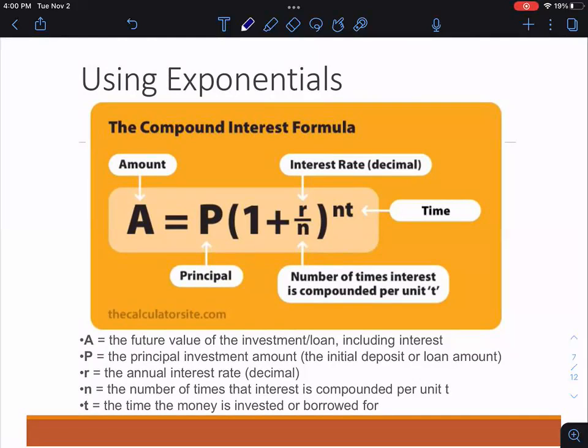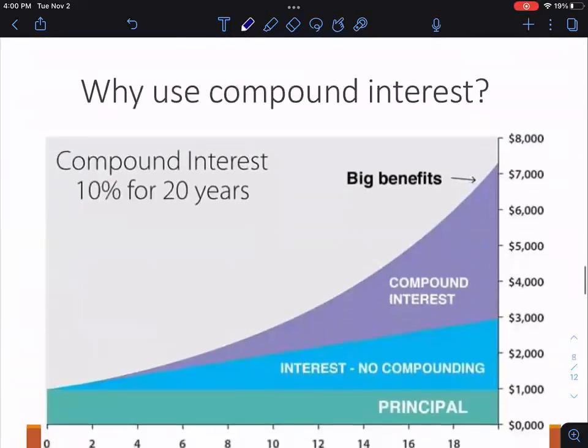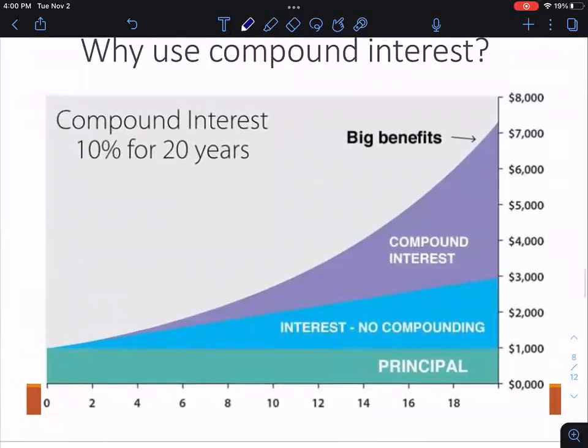Semi-annually would be 2 times per year, things like that. And then, like I said, t is the amount of time that the money has been borrowed. Here's a cool little graphic that shows you compound interest versus simple interest in blue for 10% over 20 years with an initial amount of $1,000.